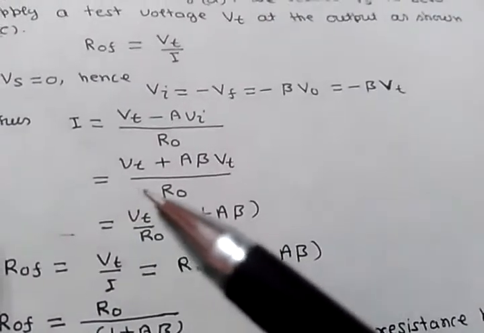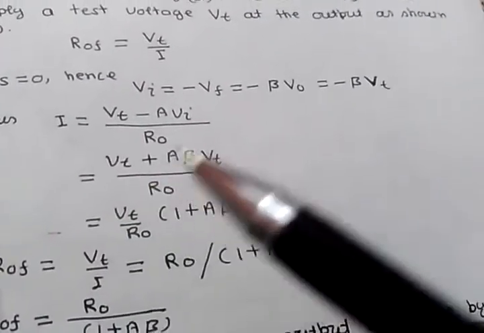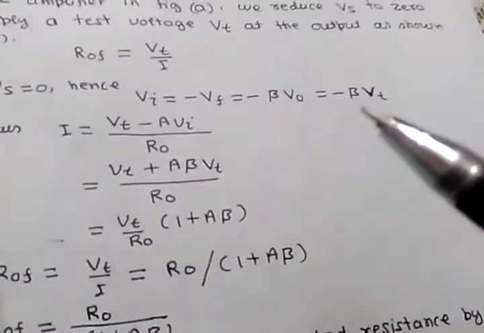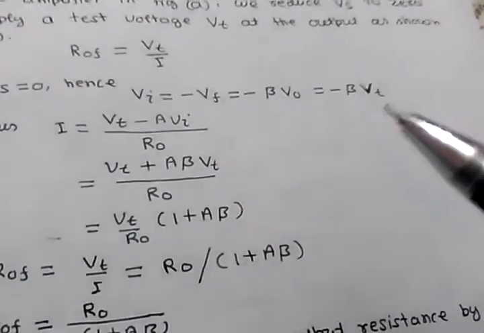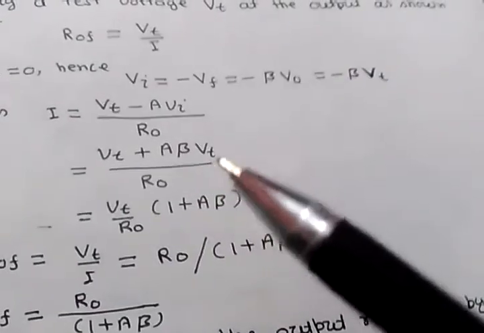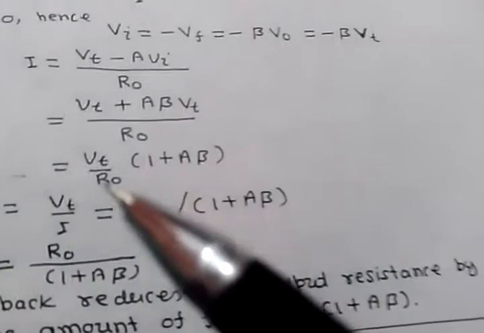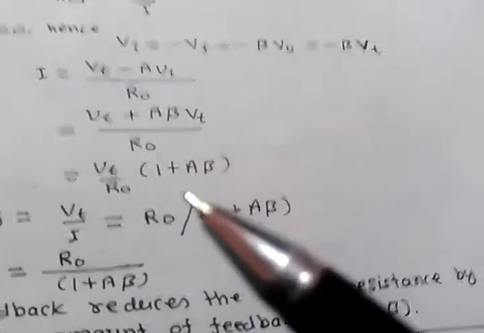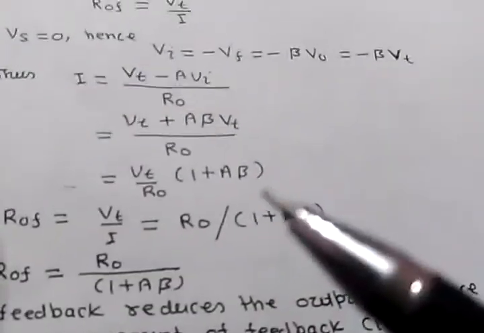So I equals Vt, at the place of Vi write minus beta Vt. So it will be Vt plus A beta Vt upon Ro. Simplify this, we can write Vt upon Ro into 1 plus A beta.